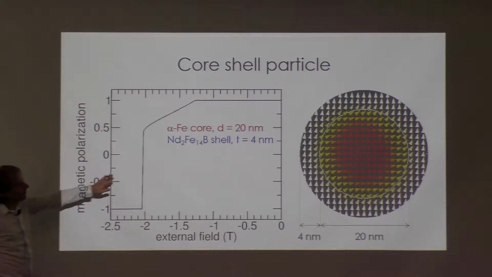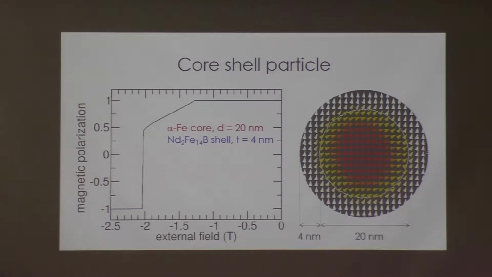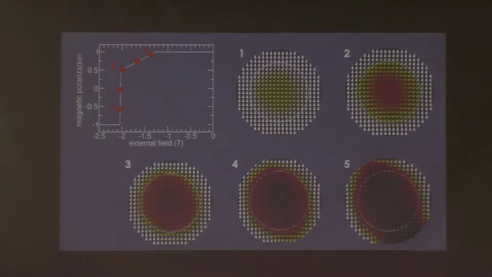We can also observe how the magnetization will reverse if we apply a magnetic field by our micromagnetic simulations. This is what is shown here. We have these points marked on the demagnetization curve, and the pictures on the right-hand side show you what's going on during magnetization reversal.